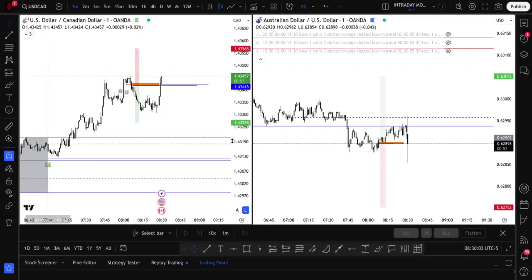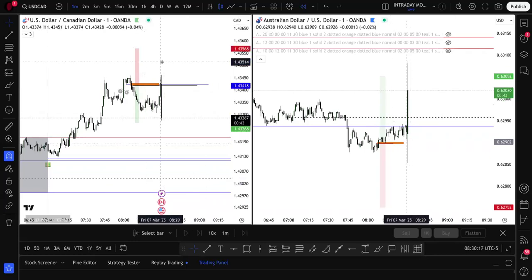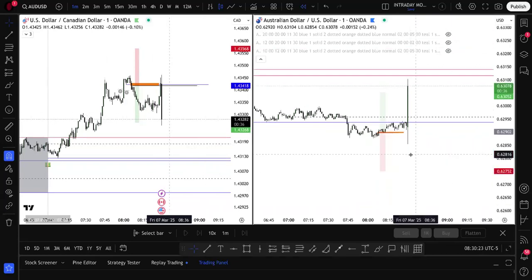Let's go. Let's see how this goes. Look at that. TP hit. Get out of here, guys. I didn't do all the yelling and all the other stuff today, but look at that. TP hit. Isn't that crazy?